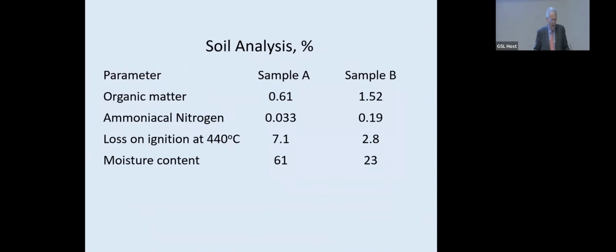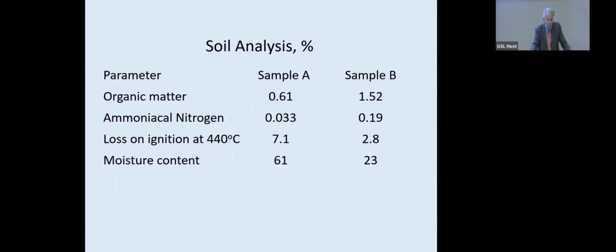Soil analysis, organic matter, 0.6% in one, 1.5% in the other, nothing exciting. Ammoniacal nitrogen, that's nitrogen in the ammonia form, 0.03%, 0.15%, really at the trivial level if you were asked to look at the chemistry of the soil, so to speak, without prior warning.